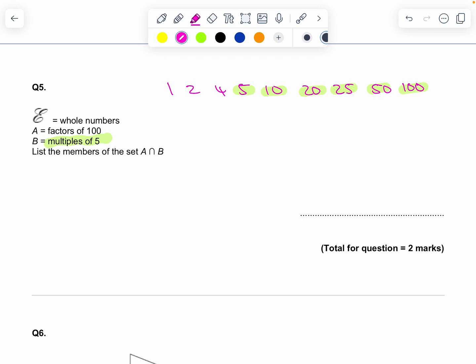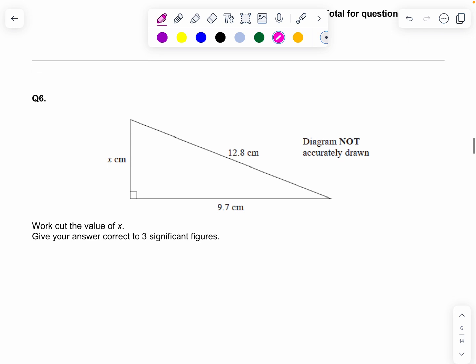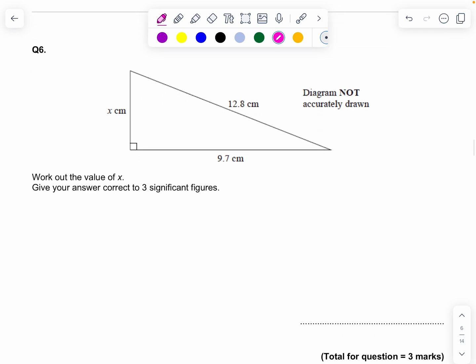And so that's your final answer: 5, 10, 20, 25, 50 and 100. Okay, I think you needed to get at least 4 of those in order to get at least 1 mark. But there you go.